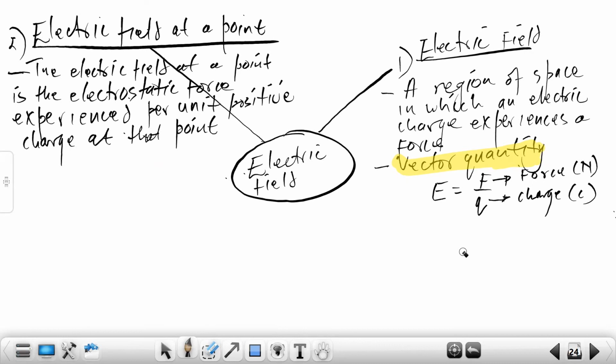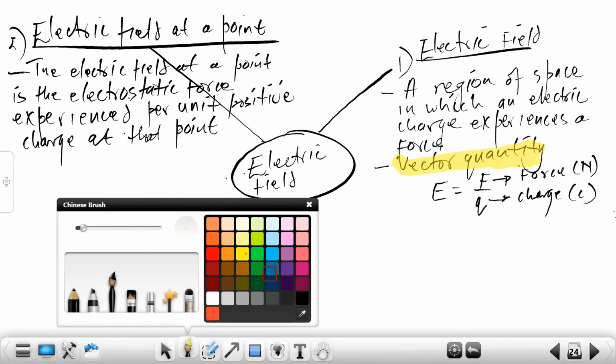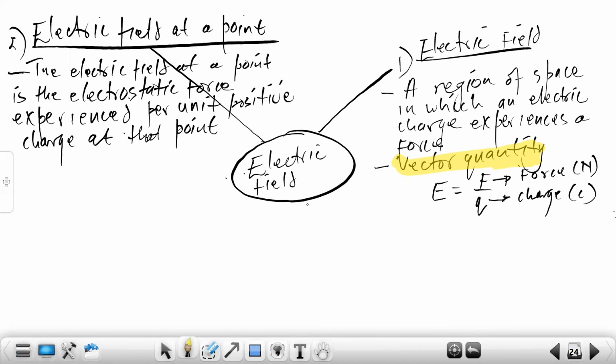If you do not define in terms of the point, the "at that point", we are also going to lose a mark, because what is it that we are looking for? We are looking for a difference between an electric field and electric field at a point. So the electric field at a point is the electrostatic force experienced per unit positive charge at that point.